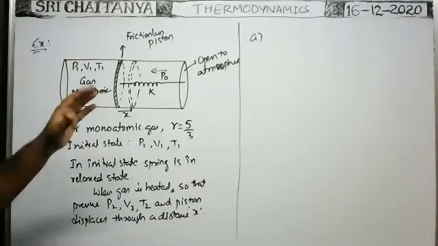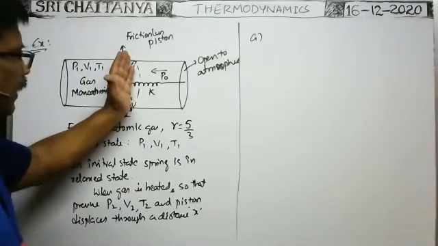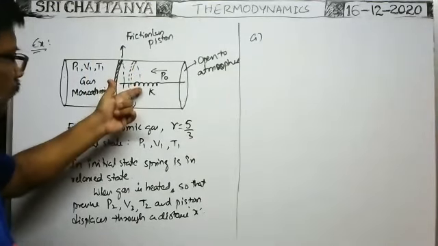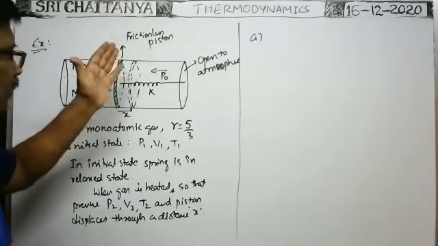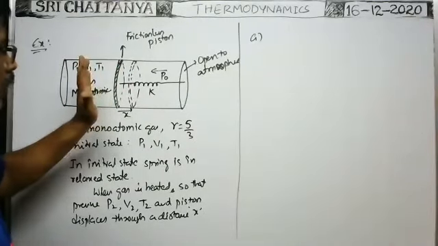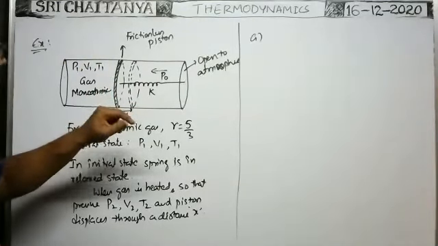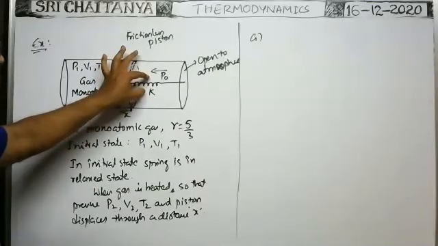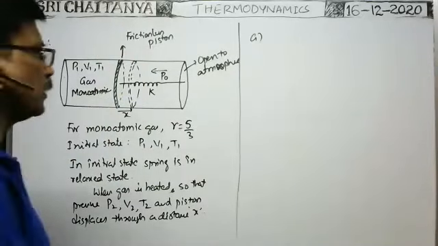When it is under equilibrium, definitely the spring is compressed, because initially the spring is in relaxed position. Whenever the piston displaces to a distance x, the spring is compressed, and some potential energy is stored in the spring. What is that potential energy? That is the question.